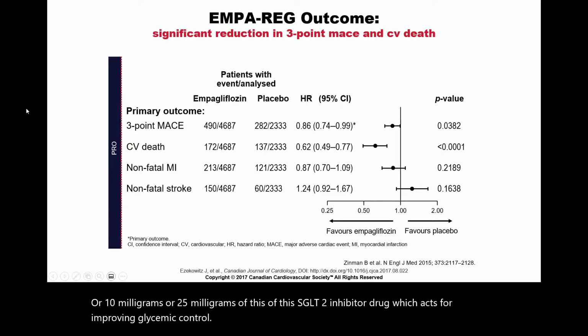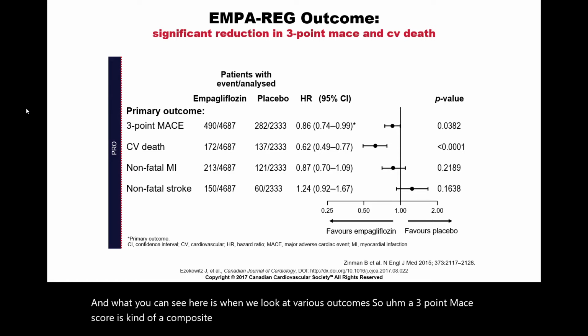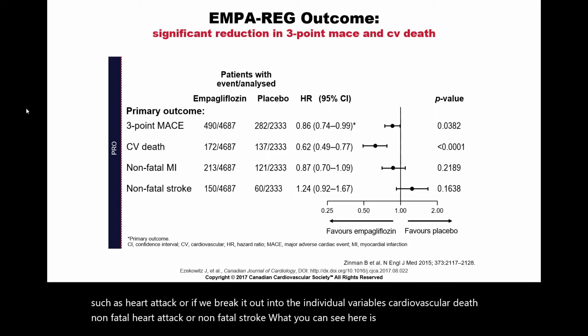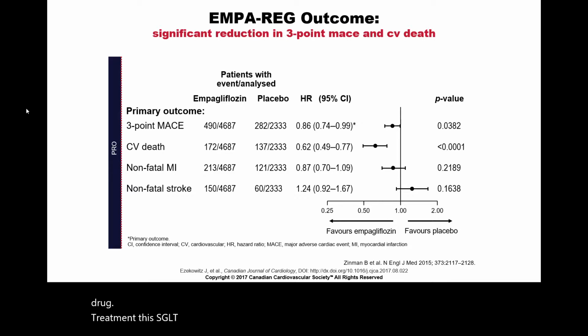What you can see here is when we look at various outcomes, a 3-point MACE score is a composite score representative of major adverse cardiovascular events, such as heart attack. Or if we break it out into the individual variables, cardiovascular death, non-fatal heart attack, or non-fatal stroke, what you can see here is that individuals who were taking the drug treatment, this SGLT2 inhibitor, tended to have reduced risk.